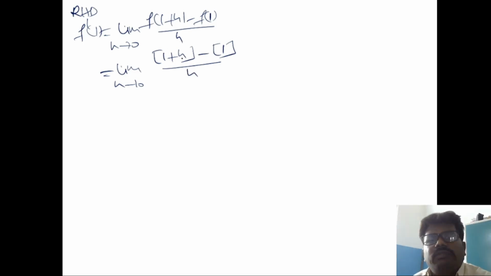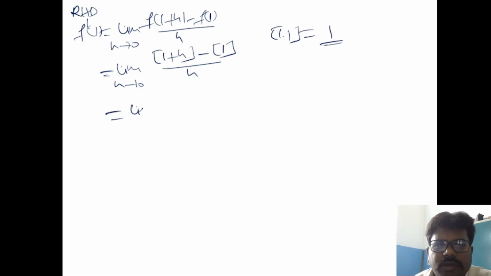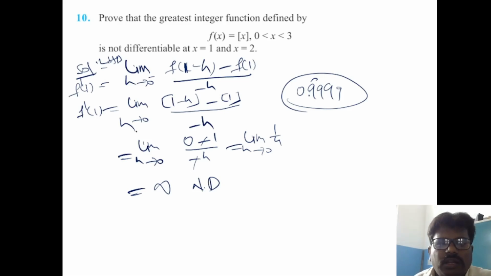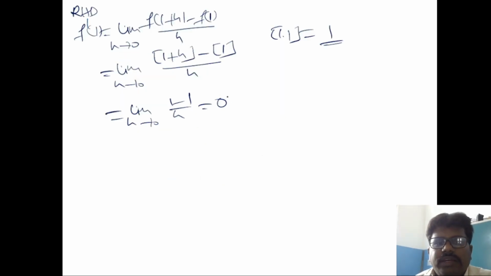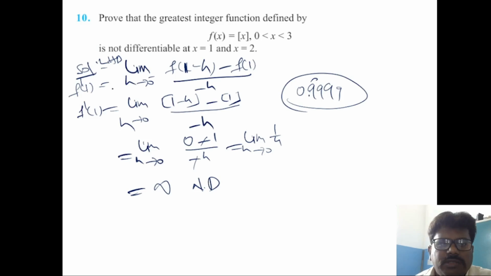So when you are adding a small positive arbitrary real number, let it be 1.1 suppose, greatest integer of 1.1 will be equal to 1. So now limit h tends to 0, 1 minus 1 by h will be equal to 0. So now if you observe this, left hand derivative is infinity, right hand derivative is equal to 0. So left hand derivative and right hand derivative are not equal here. So hence what we could say is it is not differentiable at x equals 1.